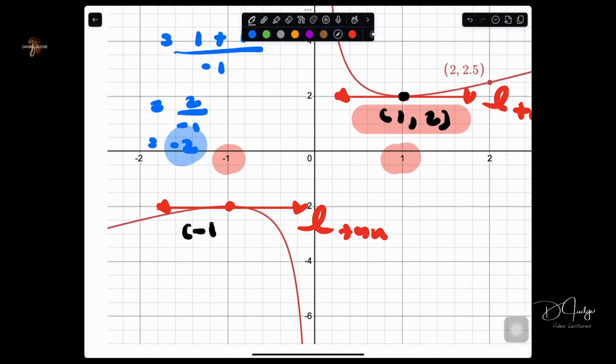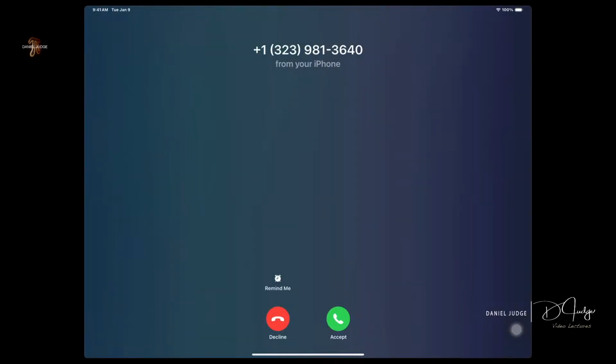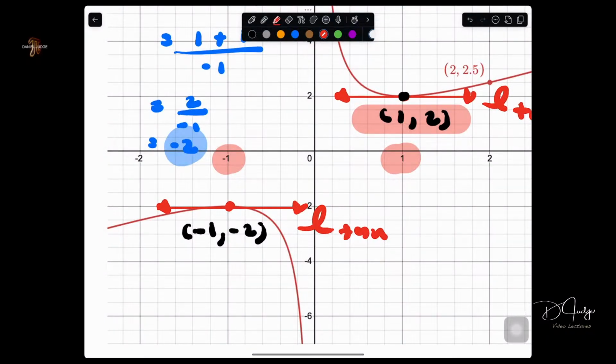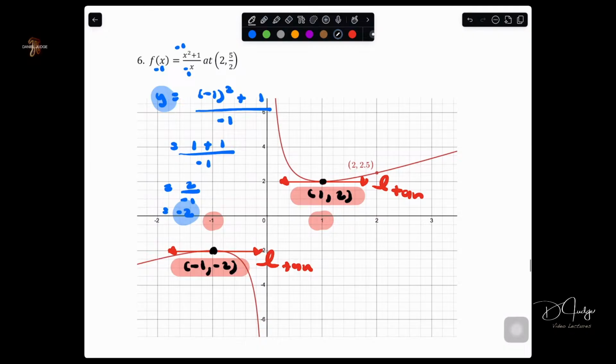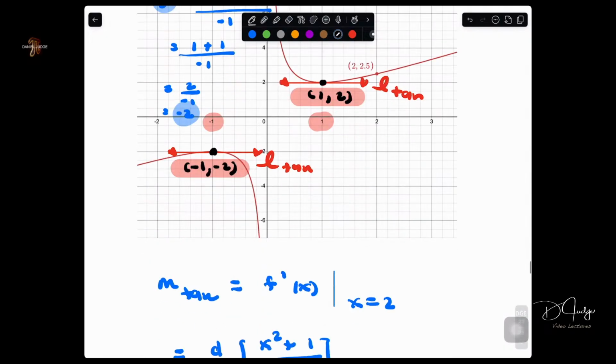So x is negative 1, y is negative 2 here. This is the location. That's what they're looking for in number 6. All 3 of those kinds of questions, okay?